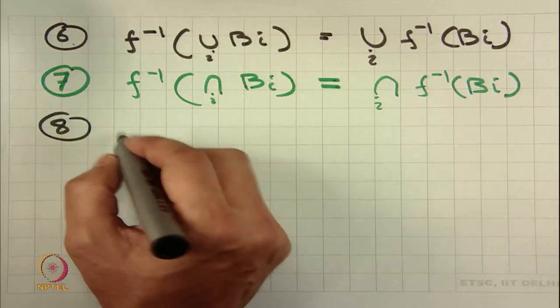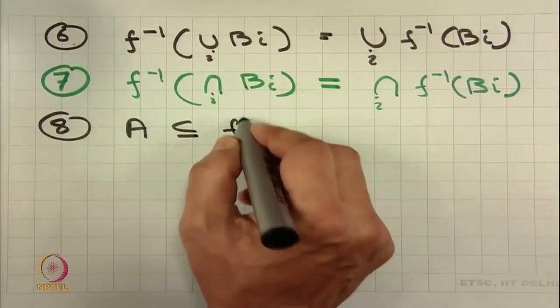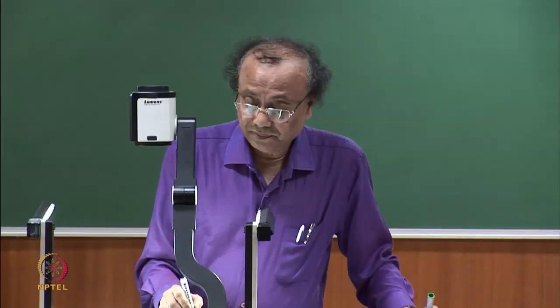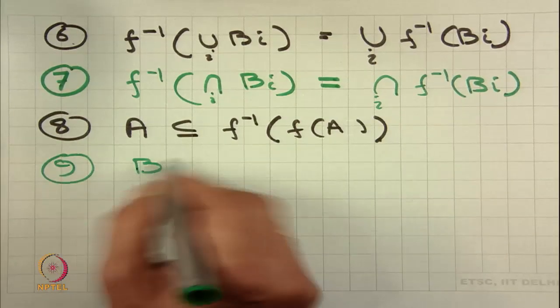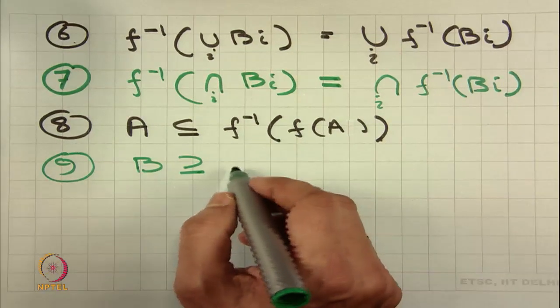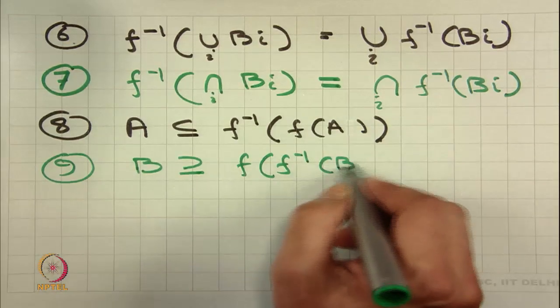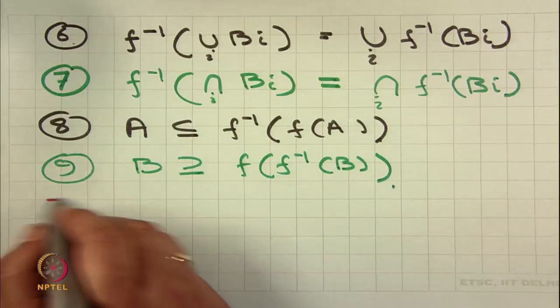Eight, A is contained in f inverse of f of A, and nine, B contains f of f inverse of B. I leave this as an exercise.